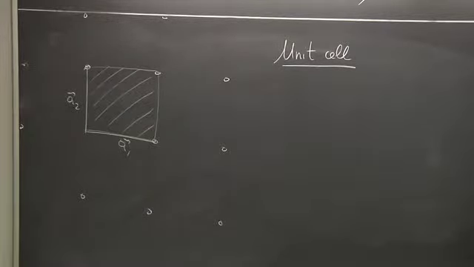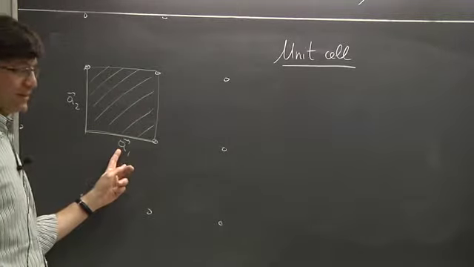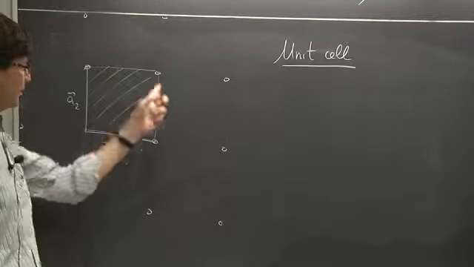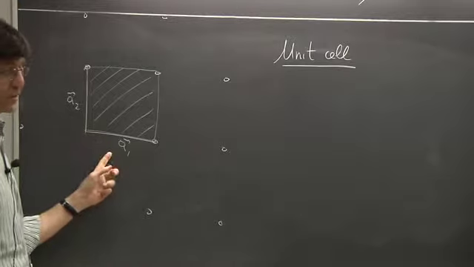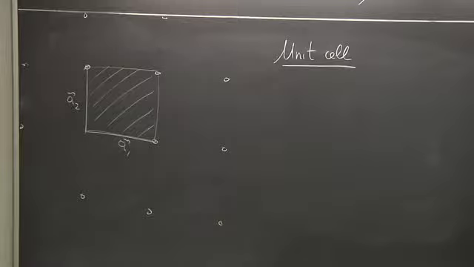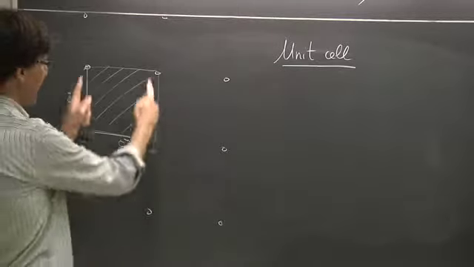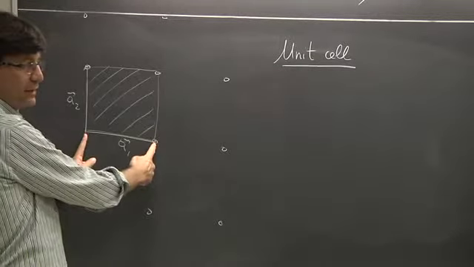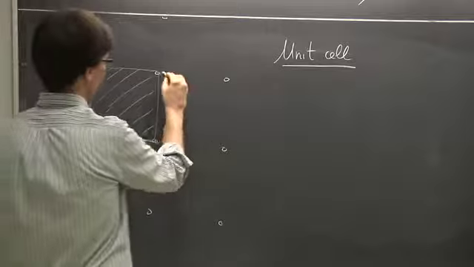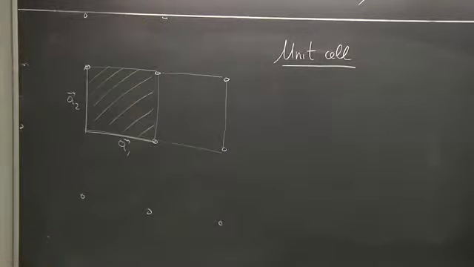What do I mean by that? I mean that if I take this square here and I translate it by any of the primitive vectors, by any Bravais lattice point, that is any integer multiple of the primitive vectors. For example, if I add to this square A1, I'm going to translate my unit cell here.